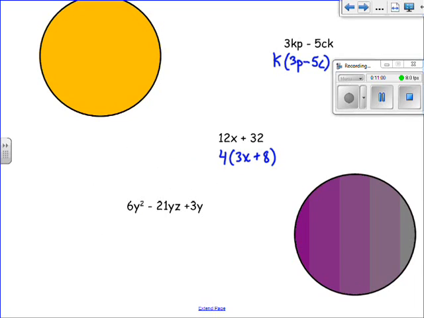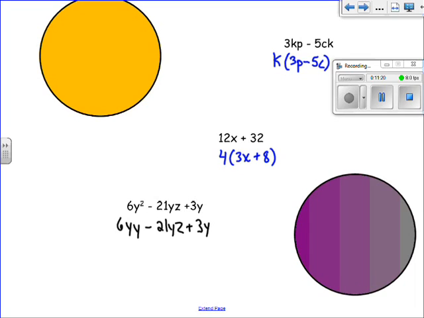All right, what do we got over here? 6y squared minus 21yz plus 3y. Ask yourself, is there a common factor in every term? Well, first of all, there's a y squared here, so maybe some of you need to write that out as y times y, minus 21yz plus 3y.